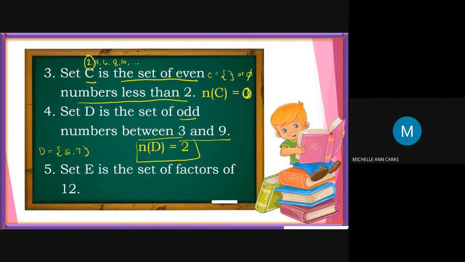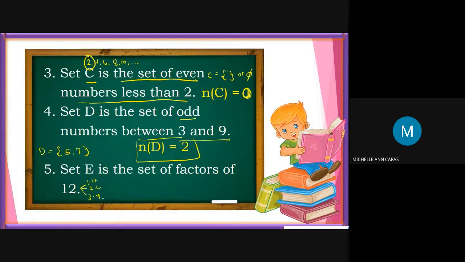Okay? Next, set E is a set of factors of 12. So, ano ba tong factors ni 12? So, ang factors ni 12 includes 1 times 12. What else? 2 times 6. Ano pa to? We have 3 times 4.